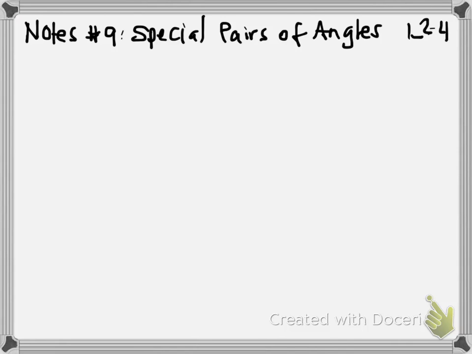Now again, most of this information is going to be review for you, and these notes are actually kind of simple today. And this will be the last set of new notes before the Chapter 2 quiz. So first vocab word is complementary angles, and please be very cautious about your spelling.